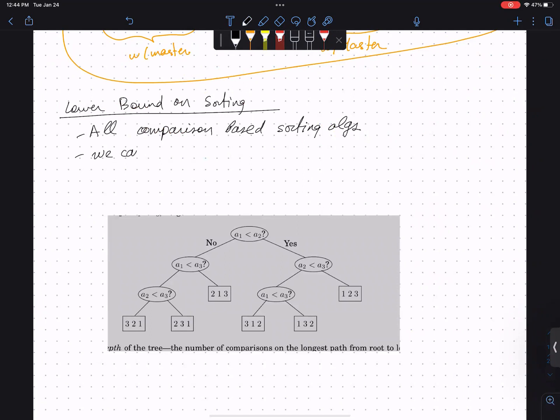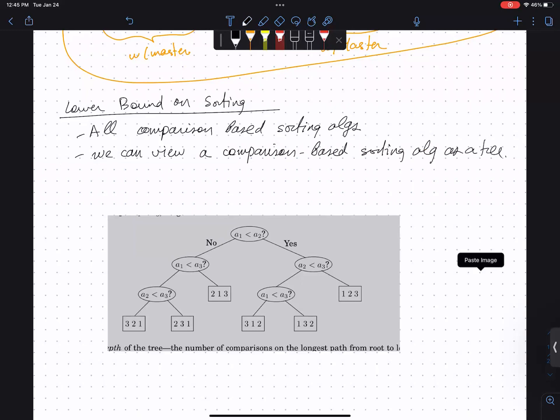We can view a sorting algorithm, let's be specific, a comparison-based sorting algorithm, as a tree. It is a decision tree.